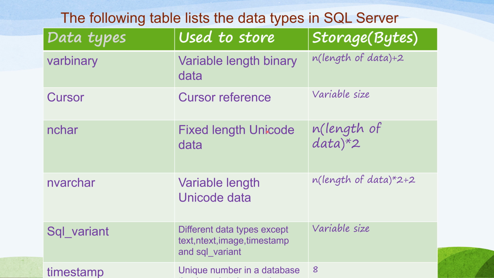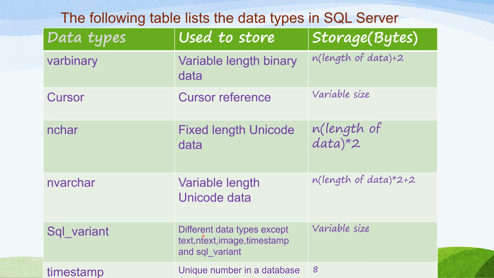It is variable size. This one is nchar, used to store fixed length Unicode data, and its storage is the length of data multiplied by 2. This one is the nvarchar data type. It is used to store variable length Unicode data, and its storage is the length of data multiplied by 2 plus 2. This one is sql_variant.